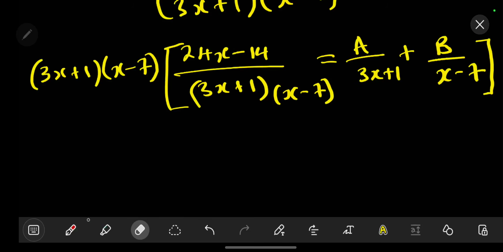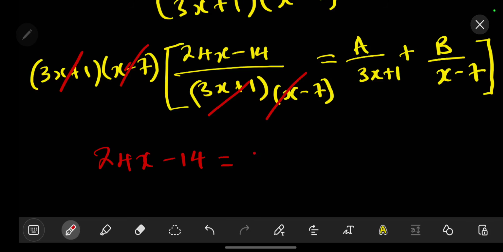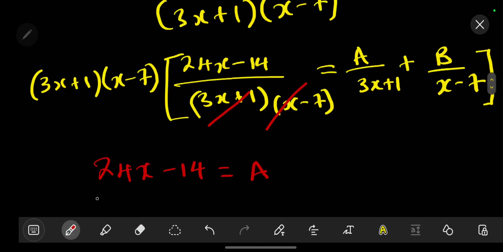That's the essence of doing that. So after we do that, we end up with 24x minus 14 equal to a. On the latter part, this number is multiplying everything, so this one cancels with this one, and we remain with x minus 7.